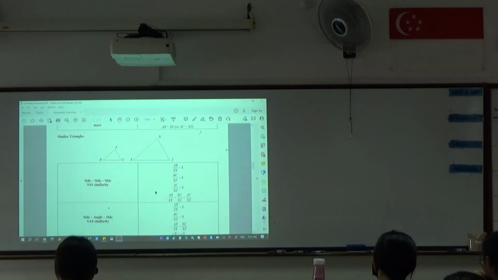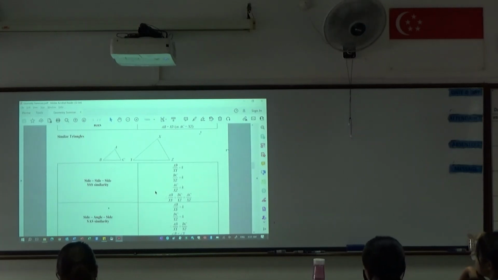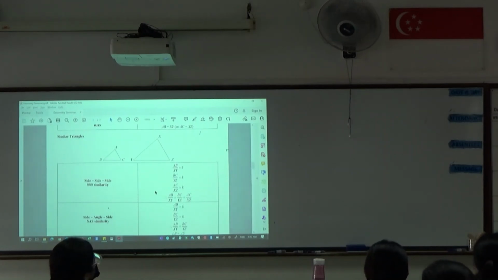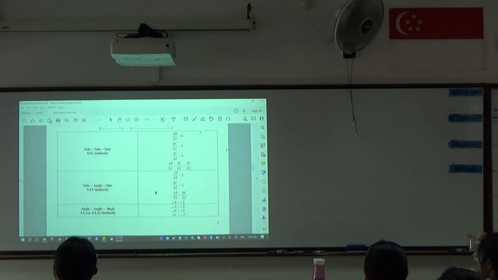Because we always want to prove that the corresponding sides are proportional, we always need at least 2 pairs of sides. You realize that? We are always trying to prove that this pair is equal to this other pair in terms of its ratio. That's why similar triangles must always have at least 2 S's if you're going to involve any sides.